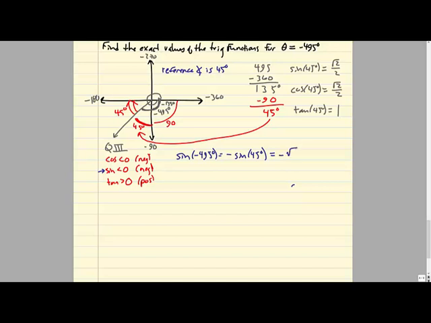So this is going to be negative square root of 2 over 2. And because I know the sine, I know the cosecant of negative 495 degrees. It's just going to be the reciprocal, so negative 2 over root 2. Of course, we rationalize. 2's cancel, I'm left with negative root 2.